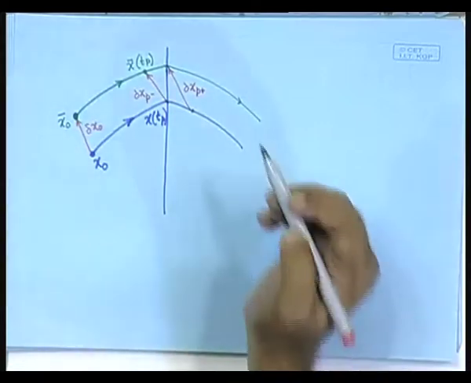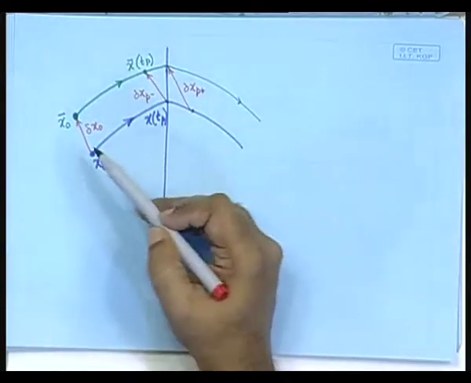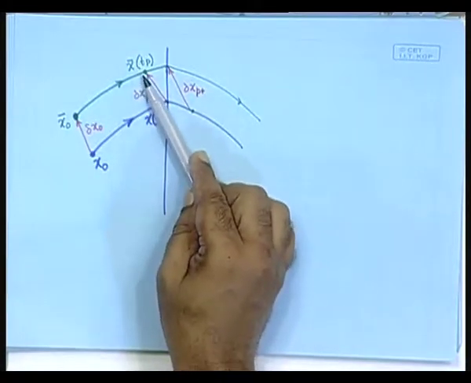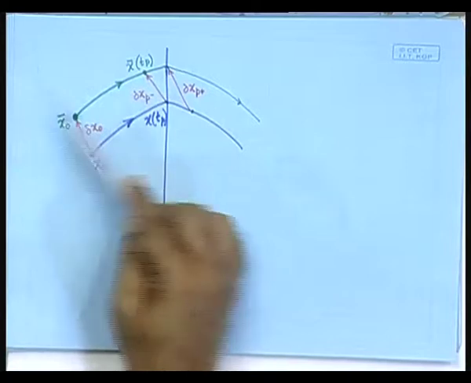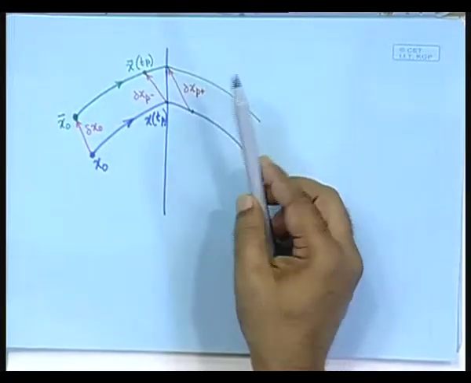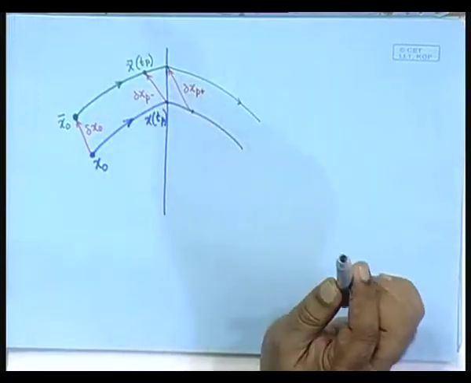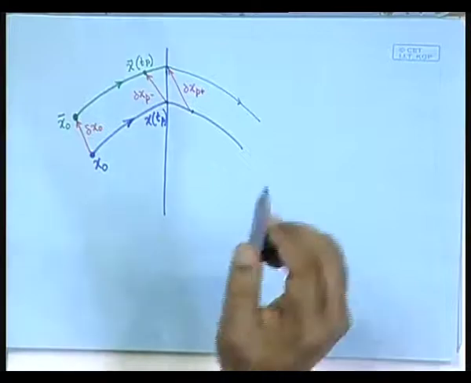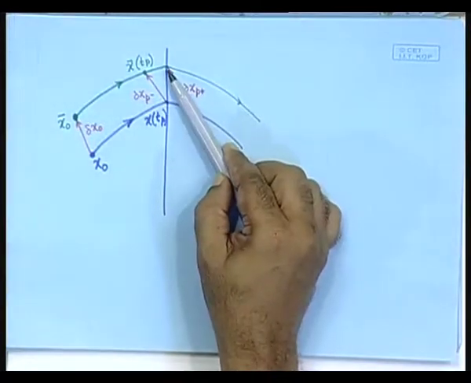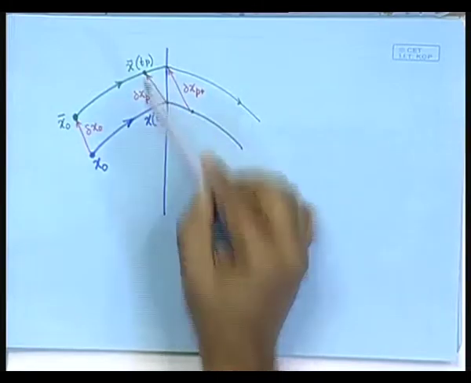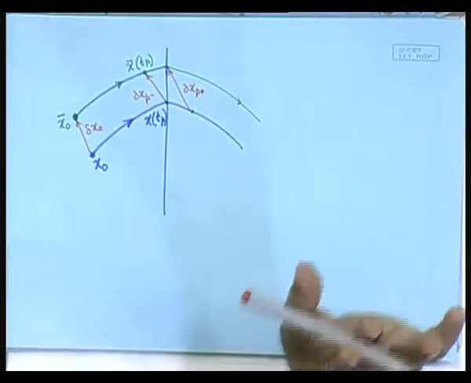Essentially, we are interested in how the perturbation evolves across the switching manifold, and you can see that this perturbation is wholly on this side of the switching manifold, and this perturbation is wholly on that side of the switching manifold. So, we are trying to find out how this one maps to this one, or in other words, we are trying to find an expression so that we can write delta x p plus is equal to something times delta x p minus. That is how we are trying to express.